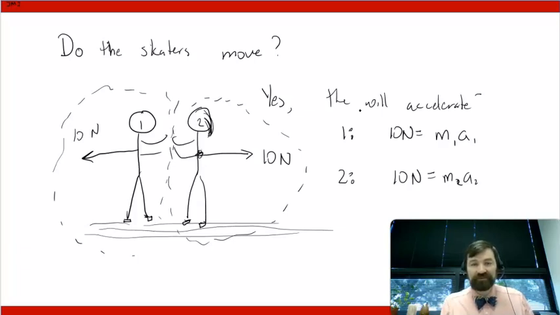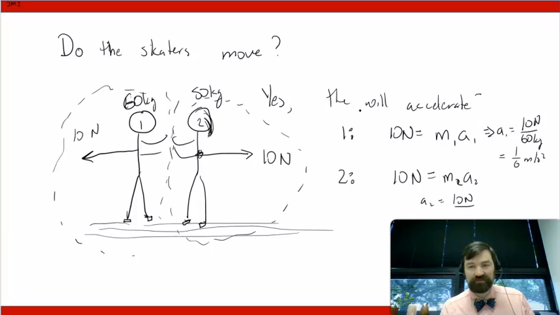For example, if this one is 60 kilograms and this one is 50 kilograms, then our accelerations will be 1/6 of a meter per second squared and 1/5 of a meter per second squared, respectively. So A1 would be 10 newtons over 60 kilograms, which is 1/6 meter per second squared. A2 would be 10 newtons over 50 kilograms, which is 1/5 of a meter per second squared.